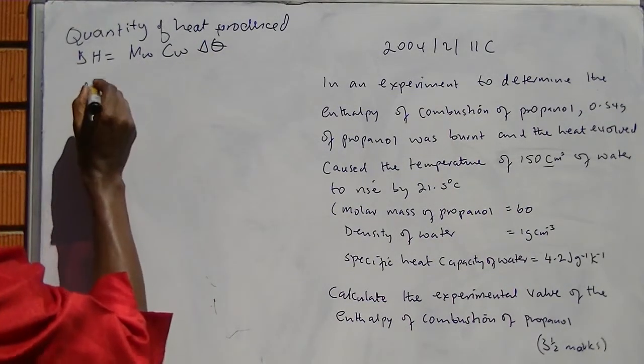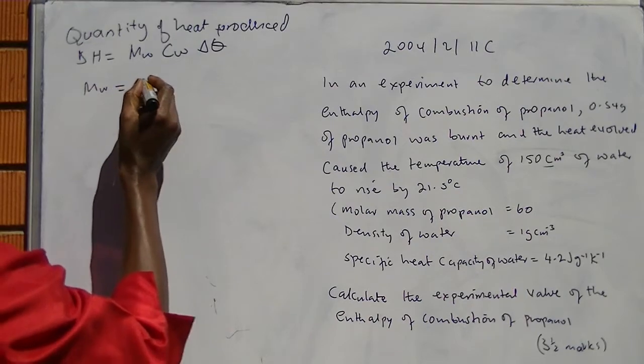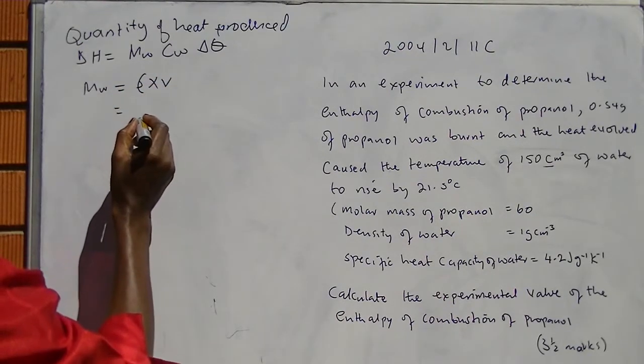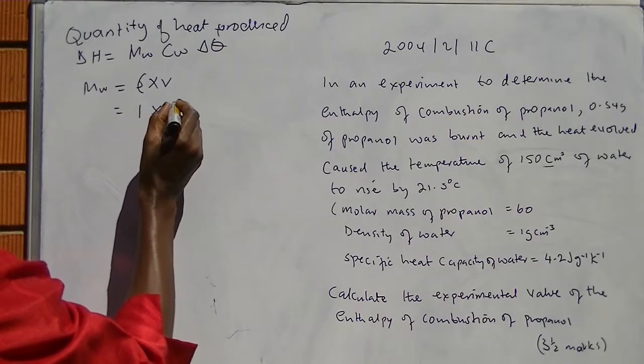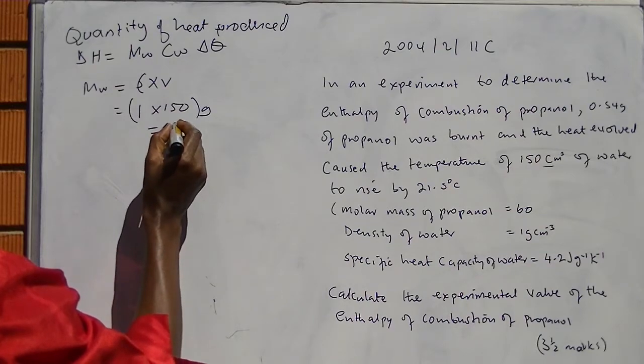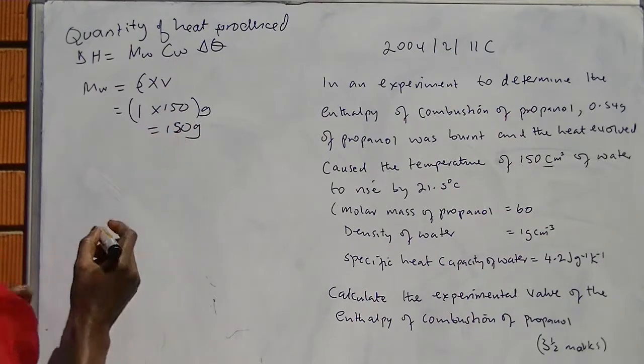So we can get the mass of water from density times volume. And this is the same as 1 times 150, and the answer is 150 grams.